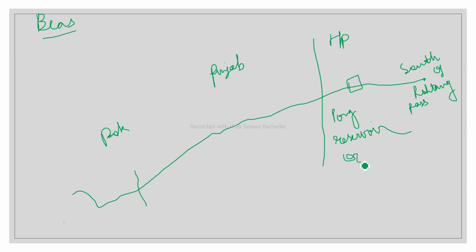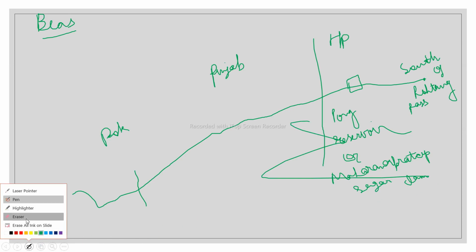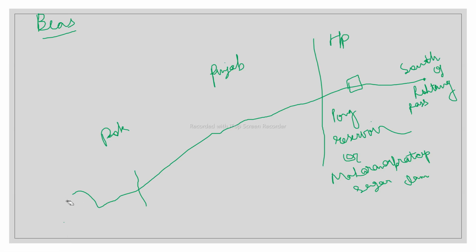So the Pong Reservoir or Maharana Pratap Sagar Dam is the first important dam which is situated in Himachal Pradesh for the river Bias.